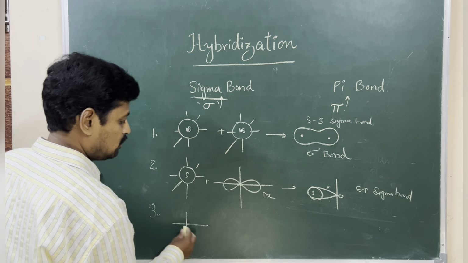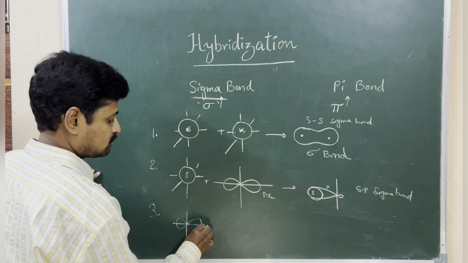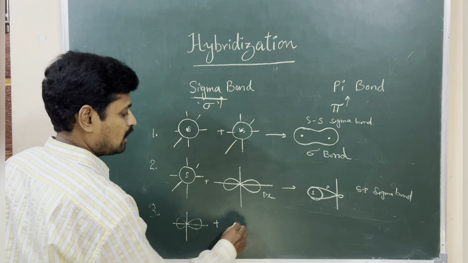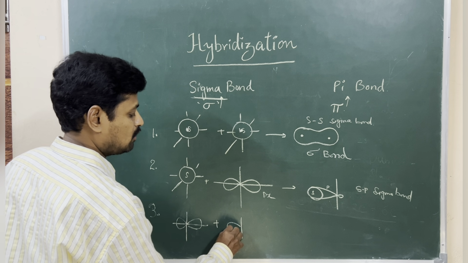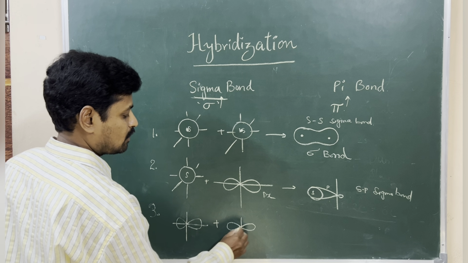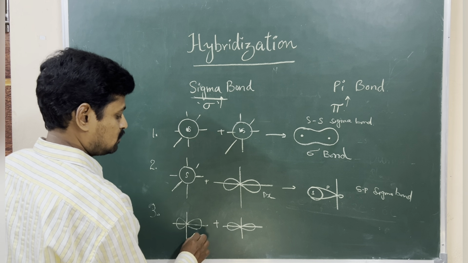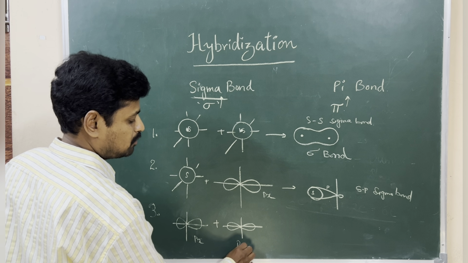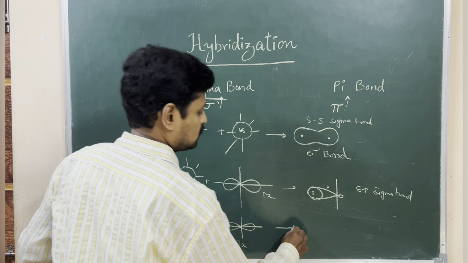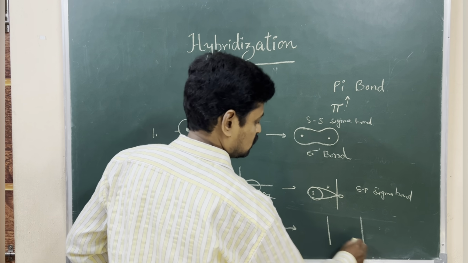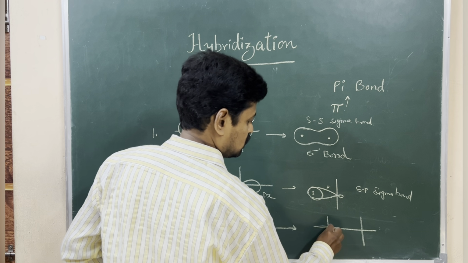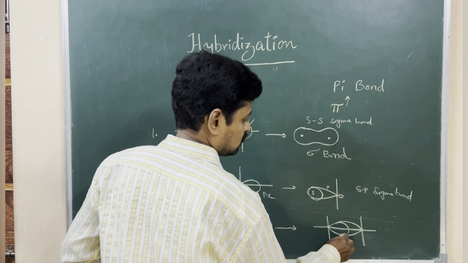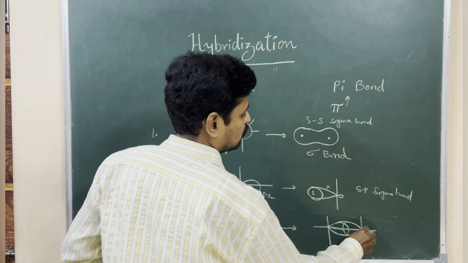The third type of bond: a 1p orbital will combine with another p orbital, px to px, to form a strong sigma bond.